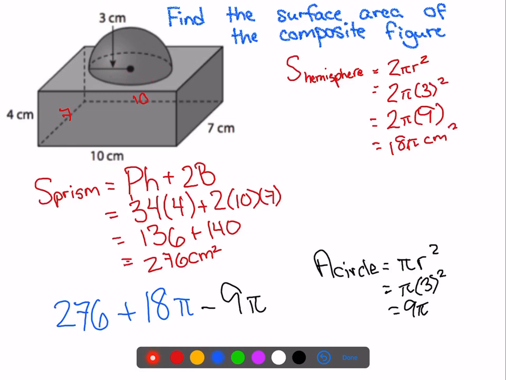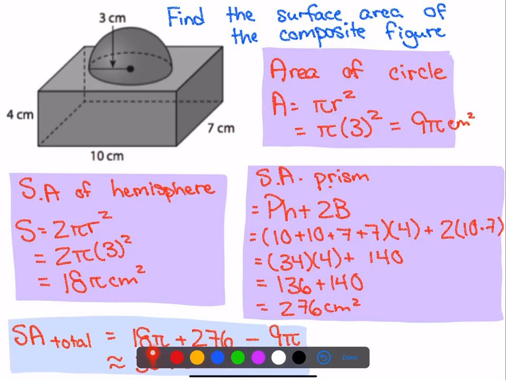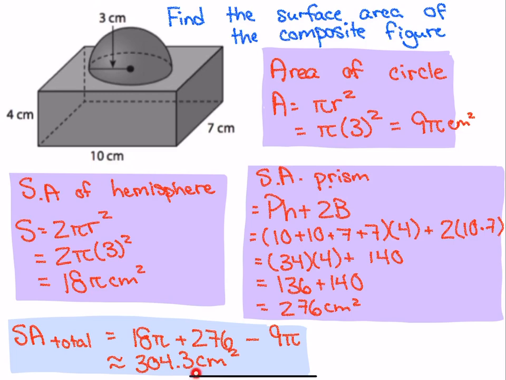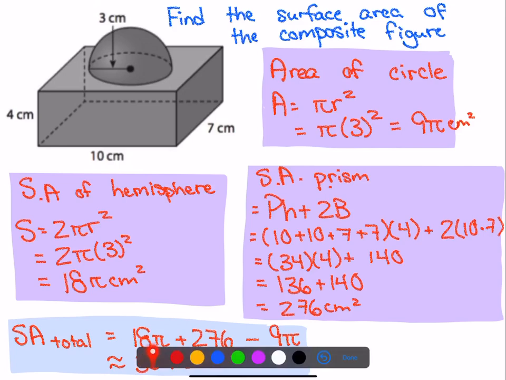This will just give us 276 plus 9 pi, which turns into our final answer being about 304.3 centimeters squared. So that's our final answer on this composite figure. Again, the tricky part is just realizing this circle is not facing the surface, so therefore it's not part of our surface area.